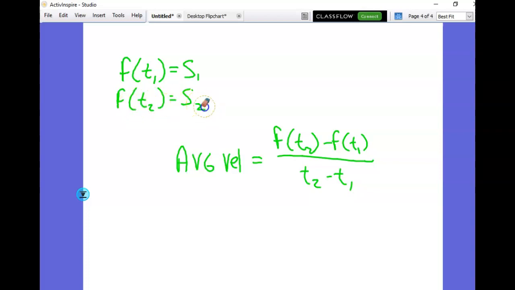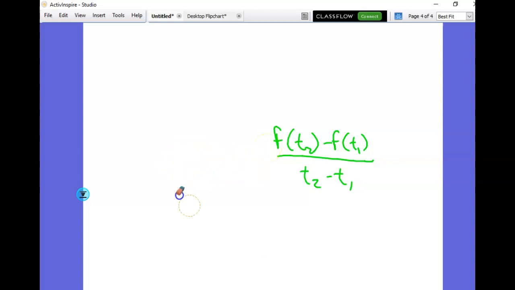Well, what happens if I take this expression here, f of t2 minus f of t1 over t2 minus t1, and I take the limit of that as I let t2 approach t1? In other words, we're looking at an average rate of change here. What happens when I let these 2 points converge to 1?